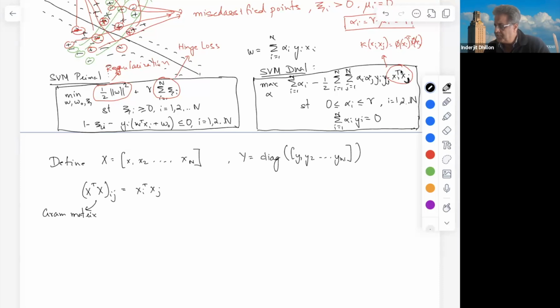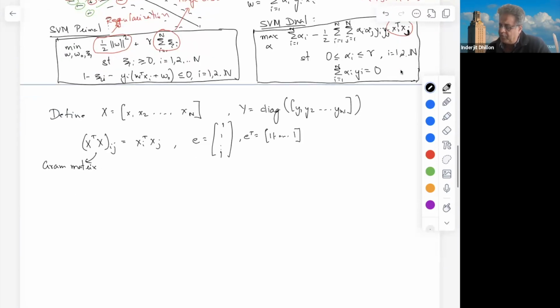Let me also use another notation, E, which is the all ones column vector. This means that E transpose is the all ones row vector.